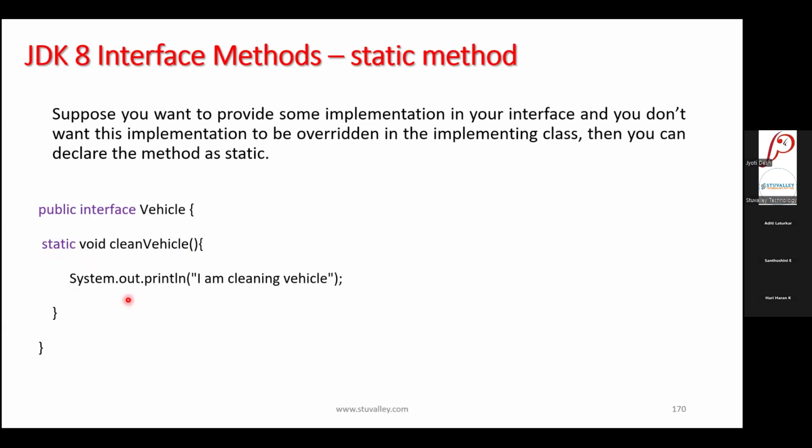I don't want this method to be overridden and re-implemented. For a basic example, if you are doing any calculation and the calculation will never change, the method implementation will be the same even if you override. Then you can use the static method. You can declare the method as static inside an interface itself, and you can directly use that implementation.